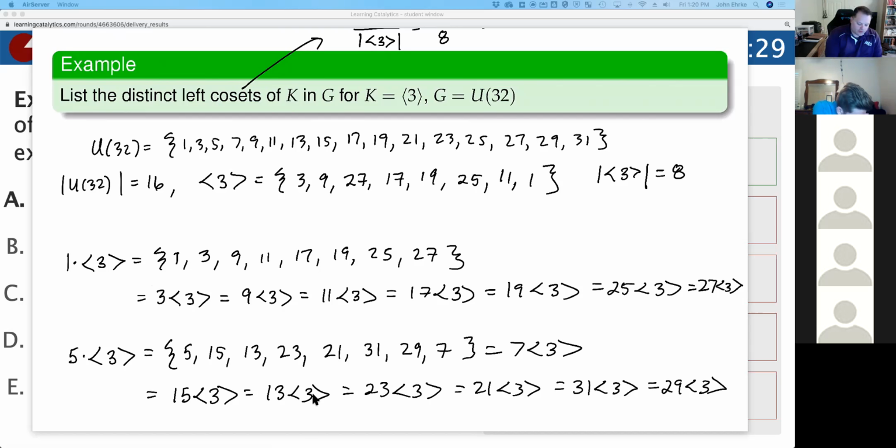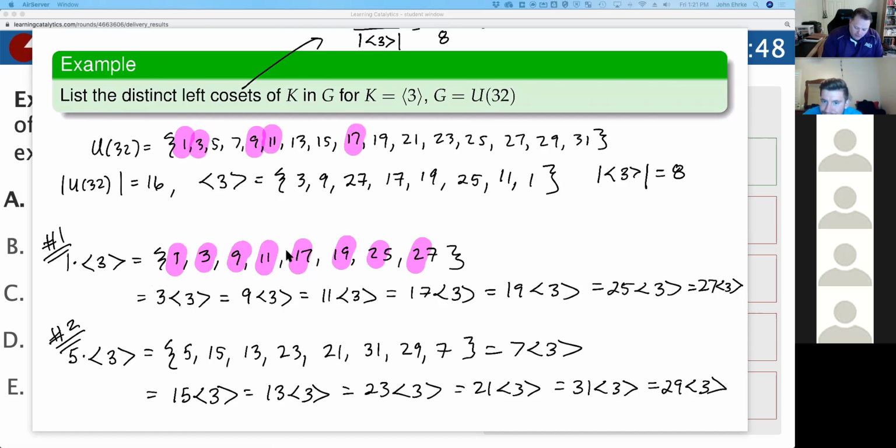So there are indeed only 2 cosets, this one and this one, but notice it still partitions the set into 2 pieces. So we still have the same behavior here.